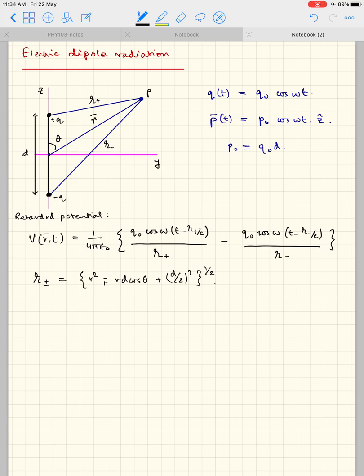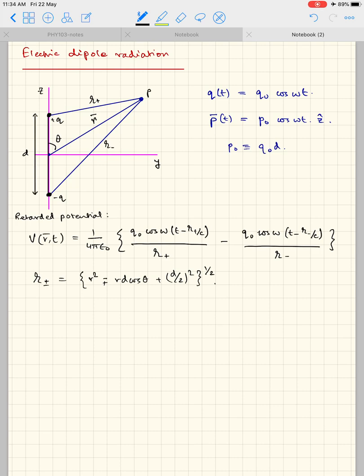Now what we are going to do is make a series of approximations that makes our life simple. The first approximation is to make this physical dipole into a perfect dipole. So we want the separation between these two metal spheres to be extremely small.